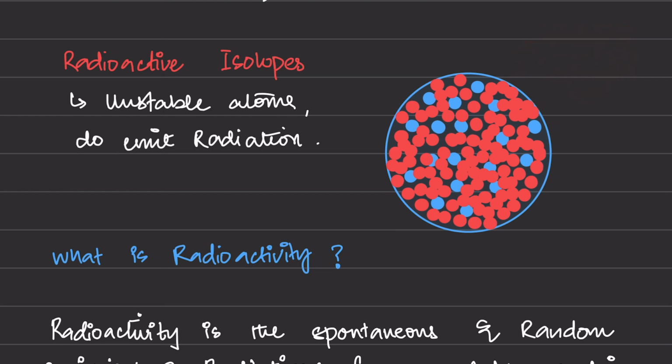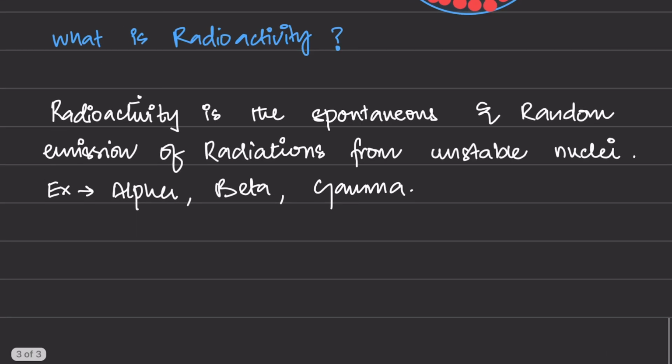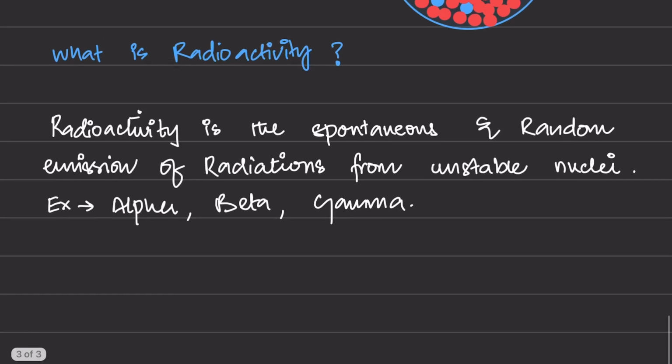You might get a follow-up question on this: why does it emit particles, why does it emit radiation, why does it emit energy? The answer would be so that it becomes stable. Previously it was unstable. What is it trying to achieve? It's trying to achieve stability.